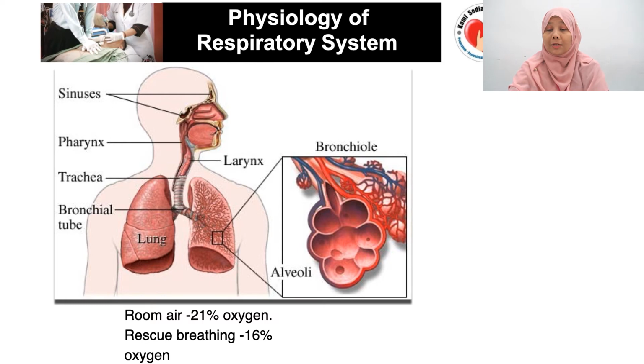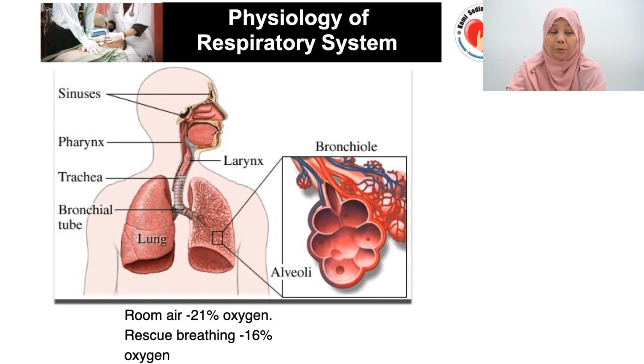Now let's have a look at the physiology of the respiratory system. The human body needs oxygen to sustain life. After about 4 minutes without oxygen, brain cells start dying, which can lead to irreversible brain damage and ultimately death.